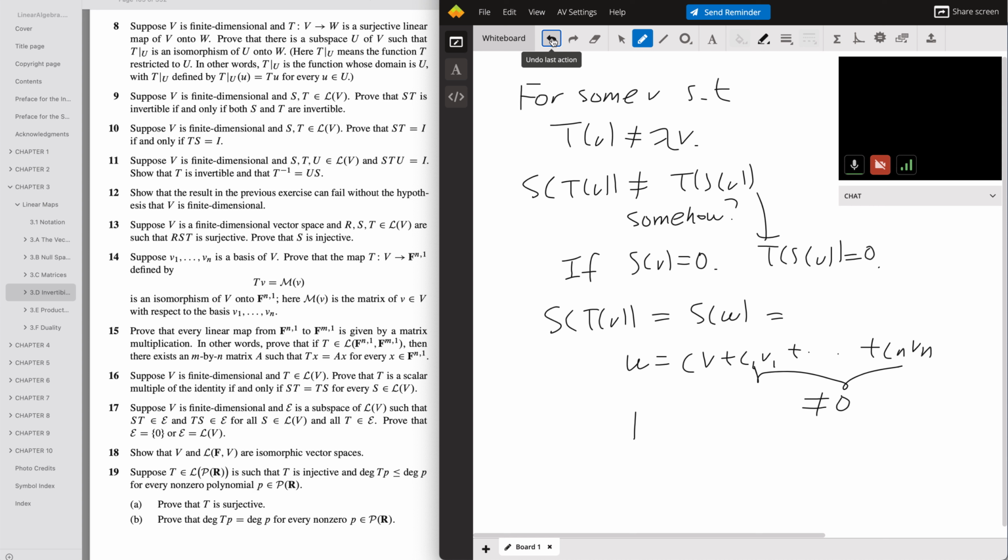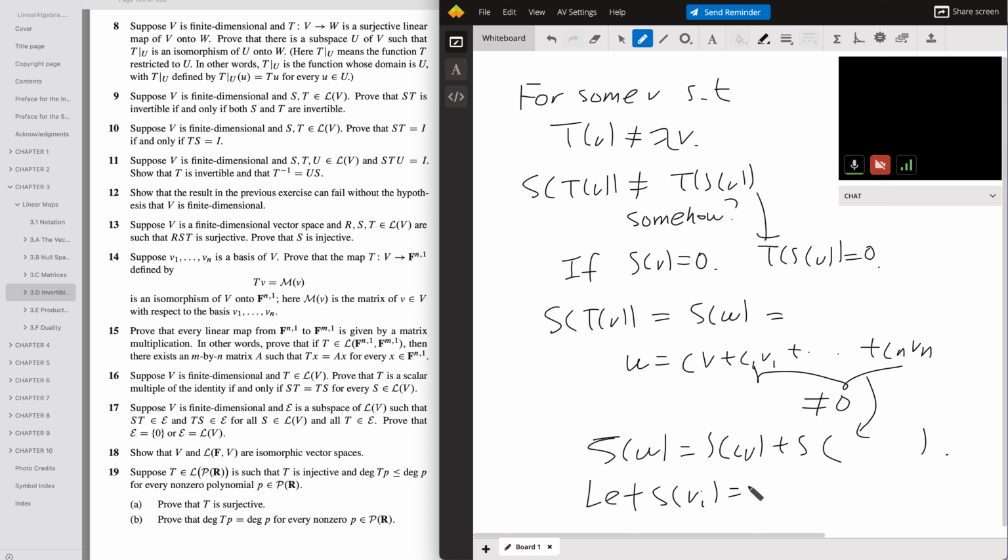So we know that S of W equals S of cV plus S of this rest. And we just define that S of Vi equals Vi for all i between 1 and n.